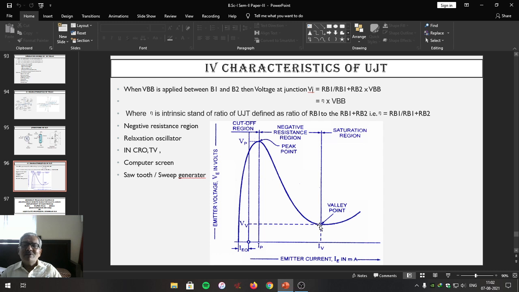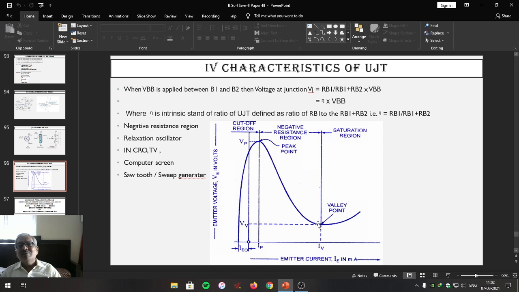Because as far as Ohm's law is concerned, voltage is directly proportional to current. If you increase the voltage, the current is going to increase. But in this particular case, as voltage decreases, current increases, which is opposite to Ohm's law.